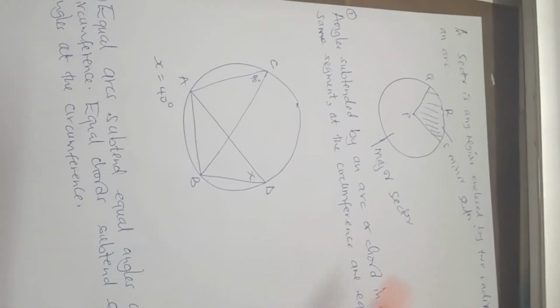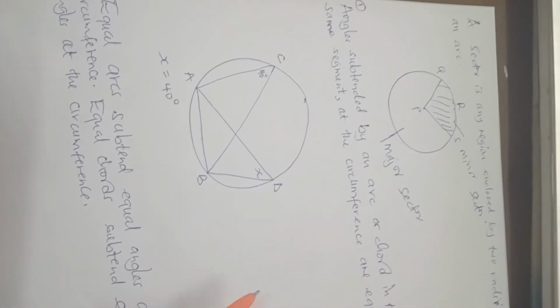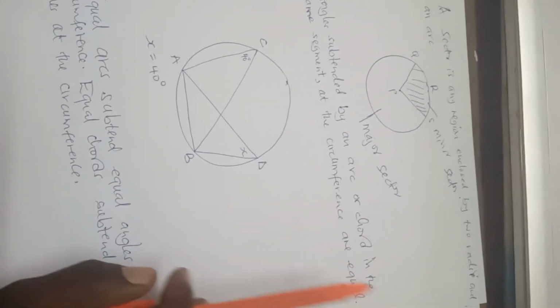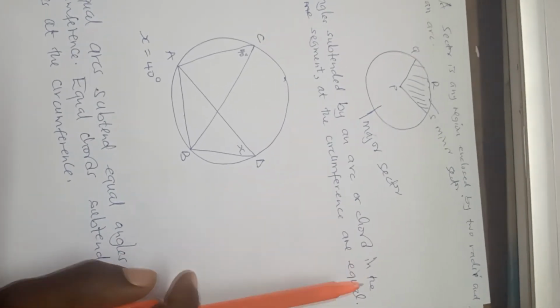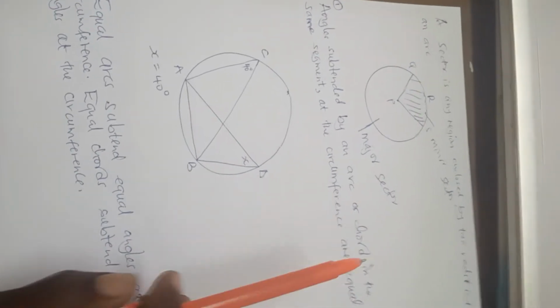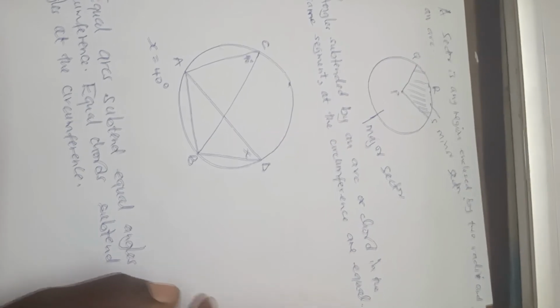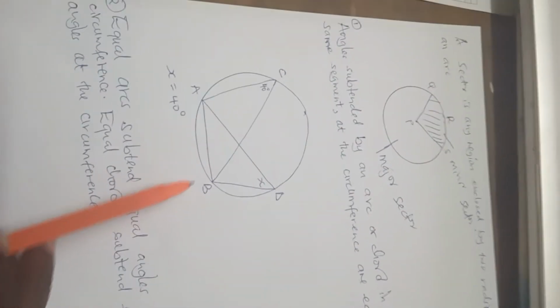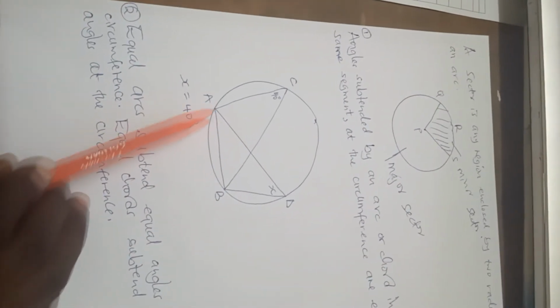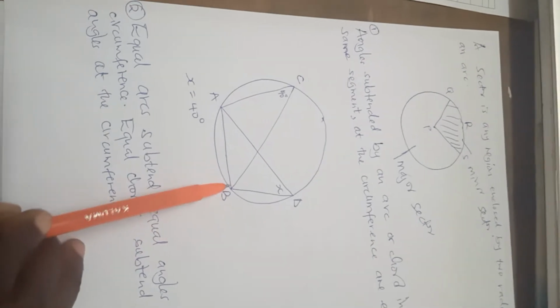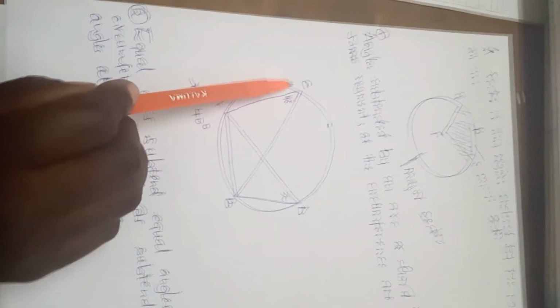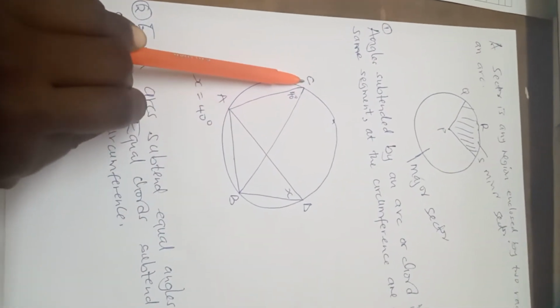Now, the first property we have to look at is the property whereby angles subtended by an arc or a chord in the same segment at the circumference are equal. Now, we have an illustration here. Consider the chord AB. It's subtending angle 40 at C in this major segment.